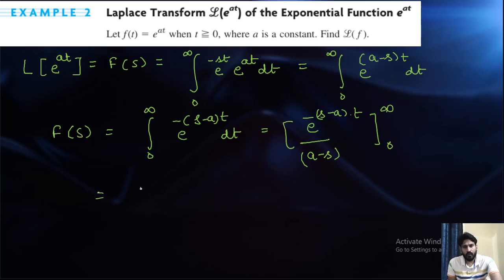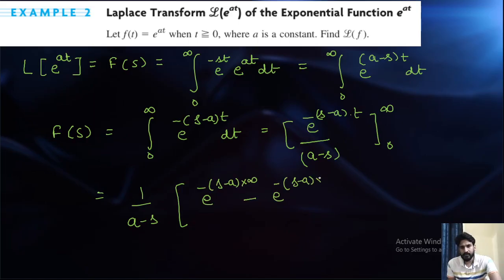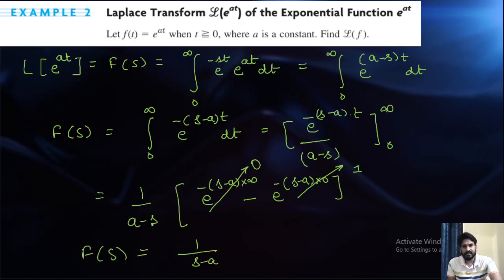It is 1 divided by a minus s into e raised to power minus s minus a into infinity minus e raised to power minus s minus a into 0. So it is 0 and it is 1, so it is minus 1. Can I write this? F of s is equal to 1 divided by s minus a. This minus and minus, this is my f of s. Yes, Pranvika, your answer is correct. F of s is 1 by s minus a.